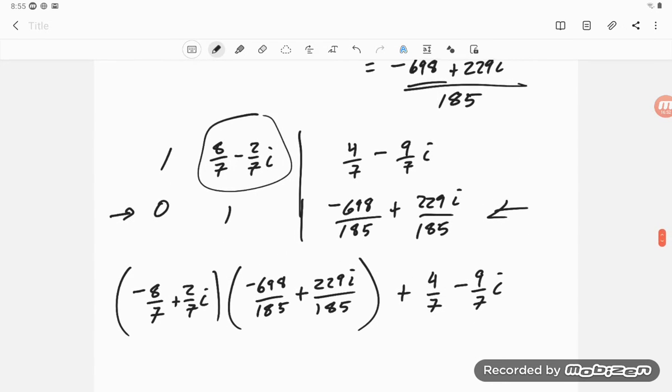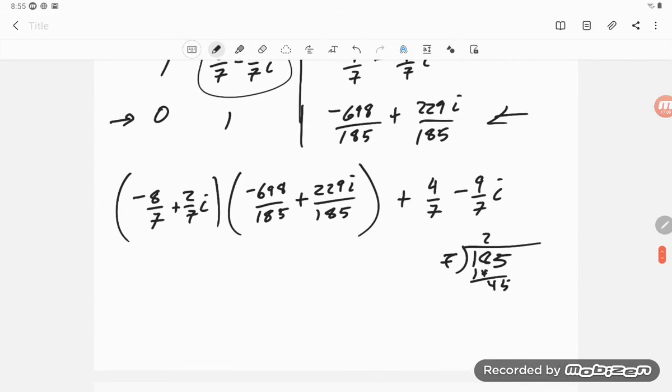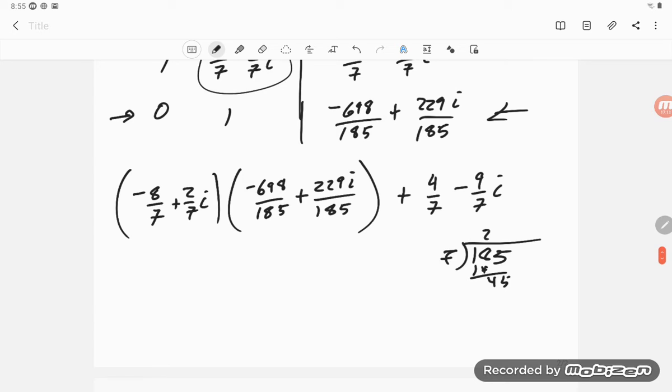Can I get a common denominator 185? Let's see, 7. See, calculation on this stuff is a pain, right? So 7 into 185, I go 2, 14, 45. Oh, bummer. That does not go in evenly. Let's see, I don't think I can reduce anything yet, can I? No, I don't think so.